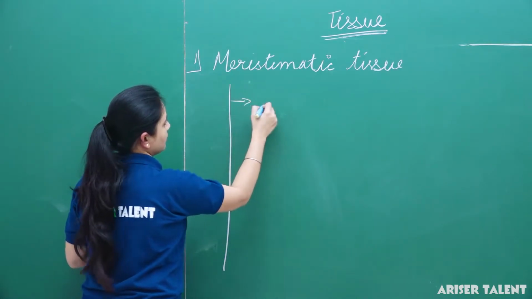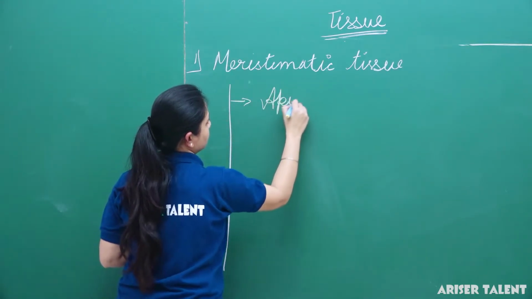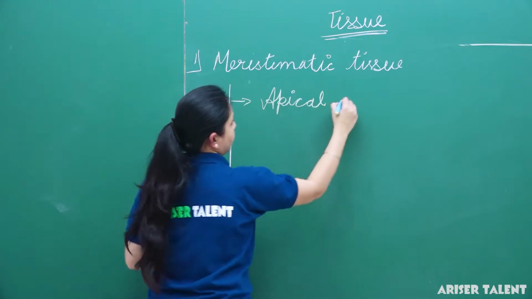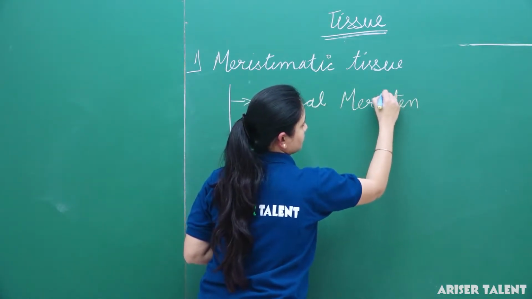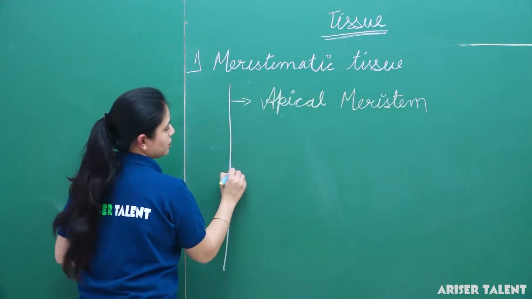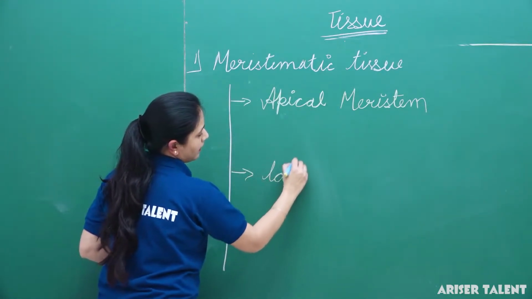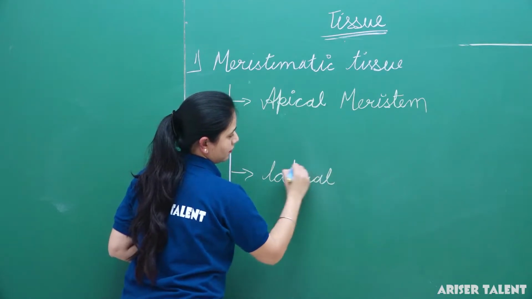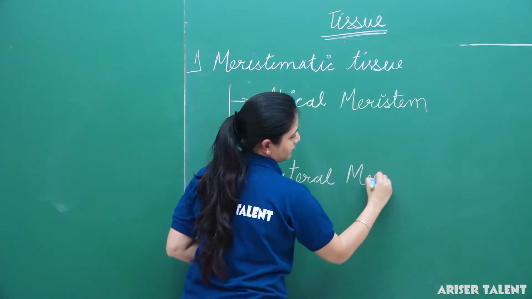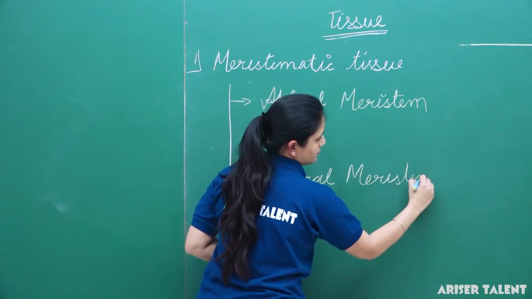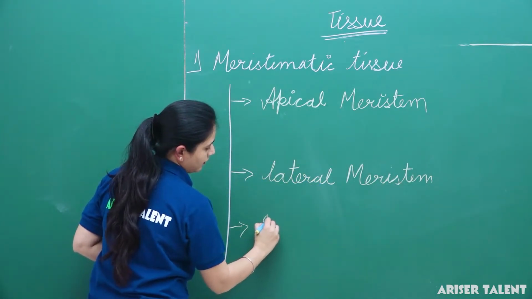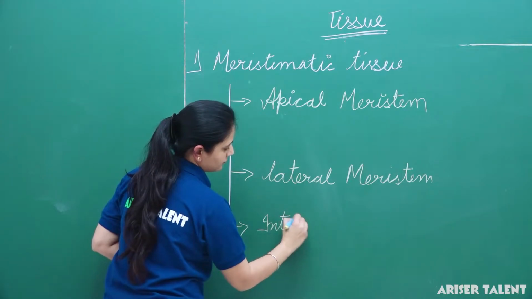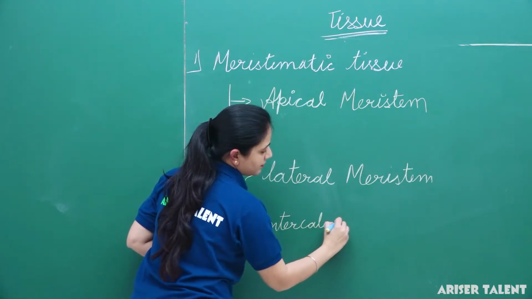Number one is apical meristem. Number two is lateral meristem, and number three is intercalary meristem.